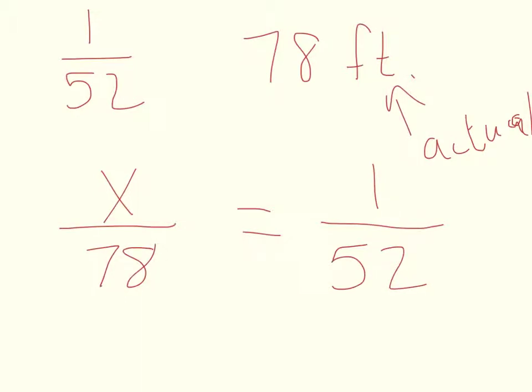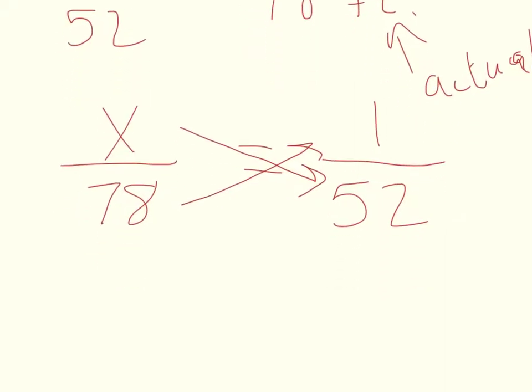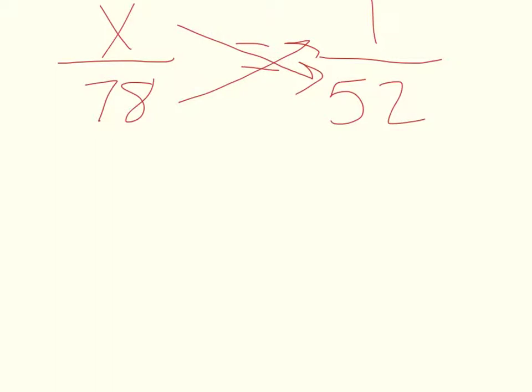From here, what you do is you then cross multiply. When you cross multiply, you get 52x, because x times 52 is 52x, equals 78 times 1, which is just 78.